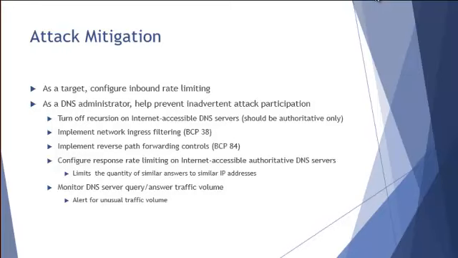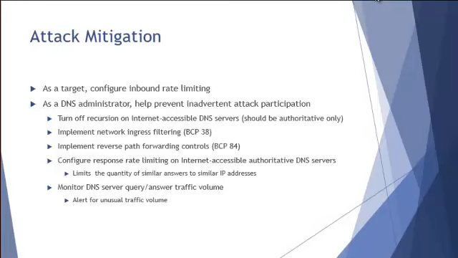So that's one way. Best current practice 38 to implement that, and also reverse path forwarding controls, best current practice 84. So certainly from a networking perspective, you can help try to prevent these source IP addresses from coming in on networks or interfaces they shouldn't be, which can create these reflection and amplification attacks.